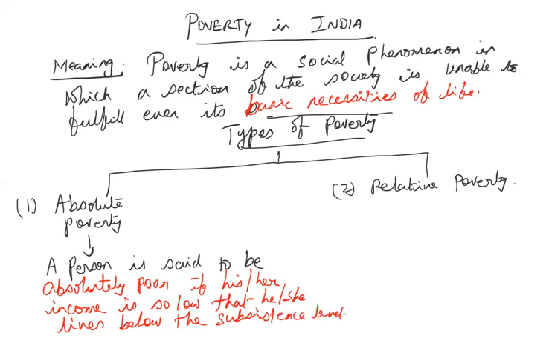so now, what is this subsistence level of living? It is not just the food, clothing, and shelter, which we normally say as a figure of speech. So let's check out what is that subsistence level of living.